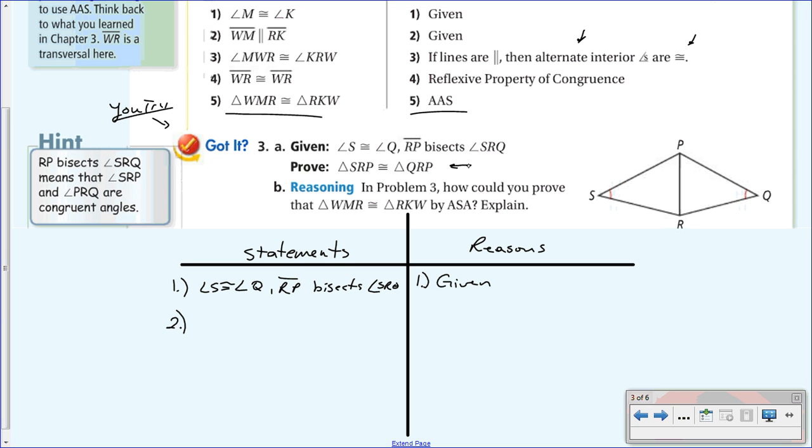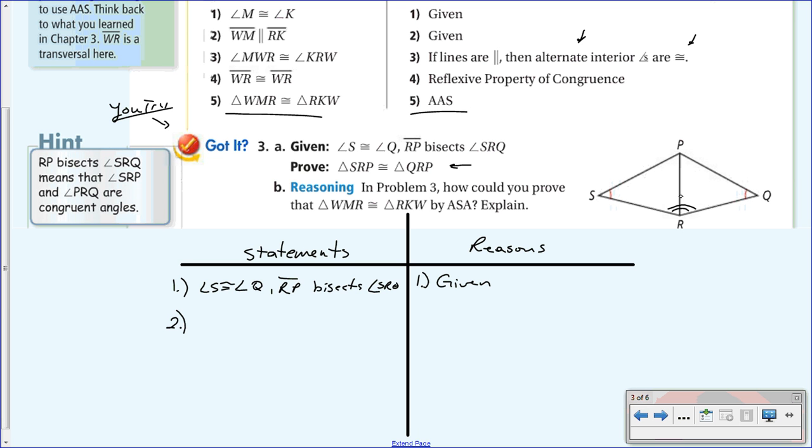Well, we know S and Q are congruent, but what does this mean? It says it bisects SRQ. It says it bisects this angle right here, which means it cuts it directly in half, exactly in half. Which means angle SRP and angle QRP are also now congruent because line RP bisects this angle.